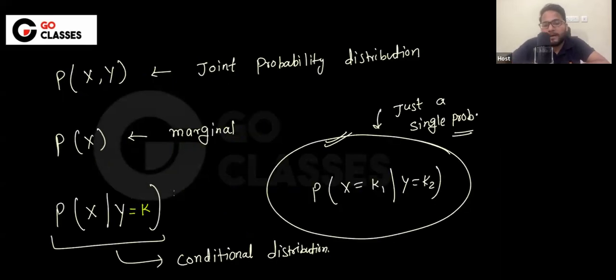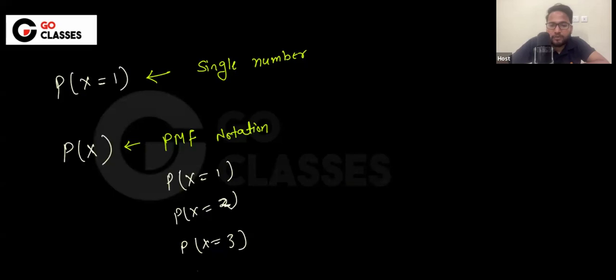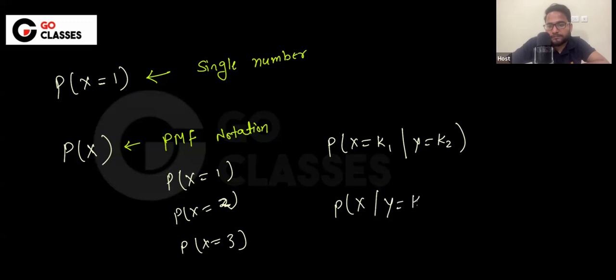Similarly, here, if I just give you two options, this and this, which is the conditional PMF, conditional probability mass function?